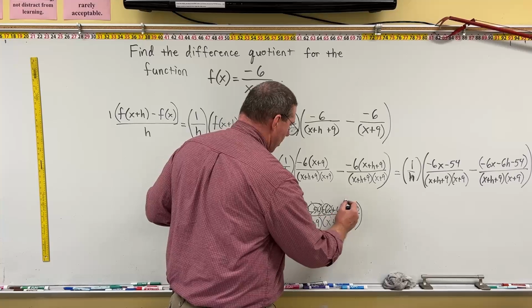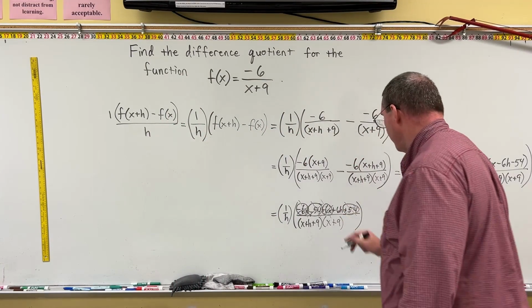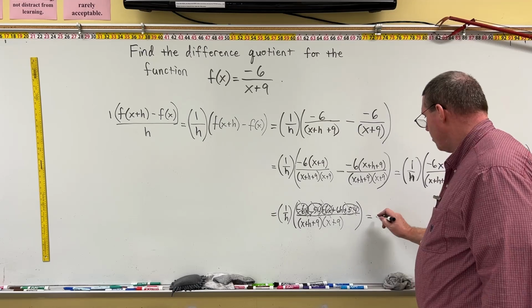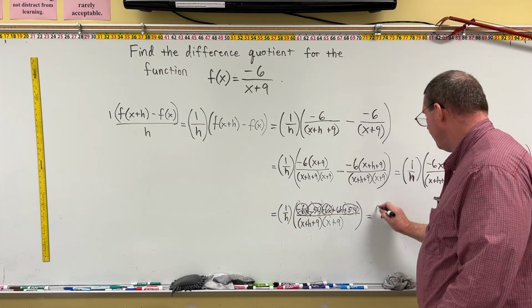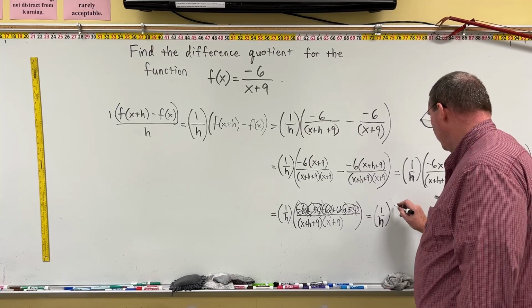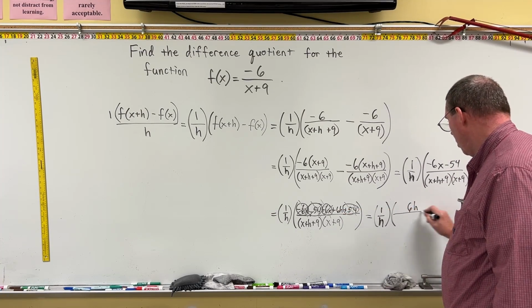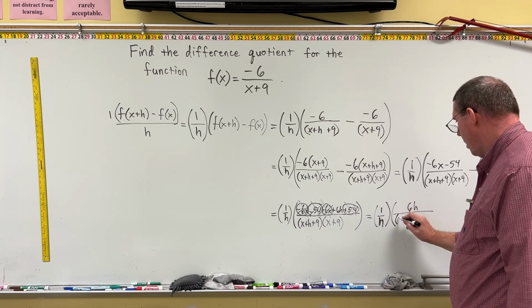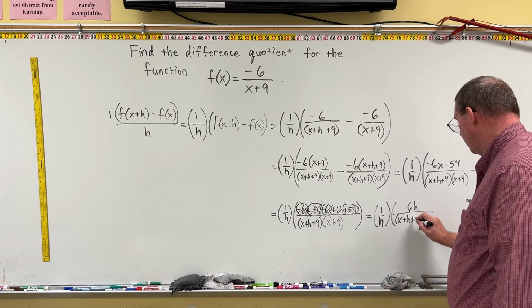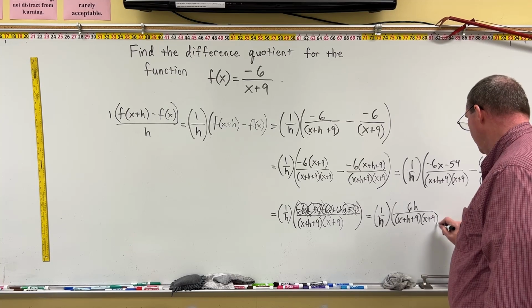They're going to cancel each other out too. And all we have left in the numerator is 6h. So we have 1 over h times 6h over (x + h + 9)(x + 9).